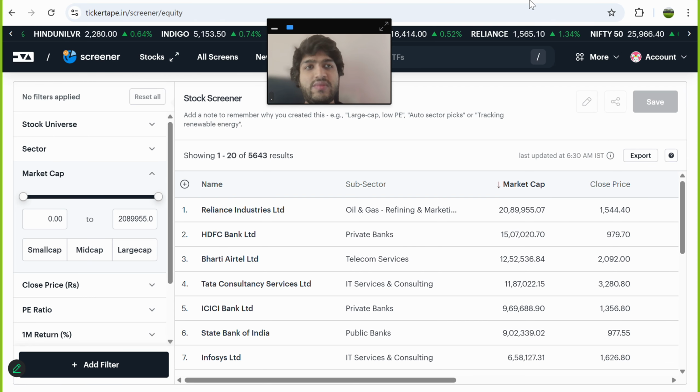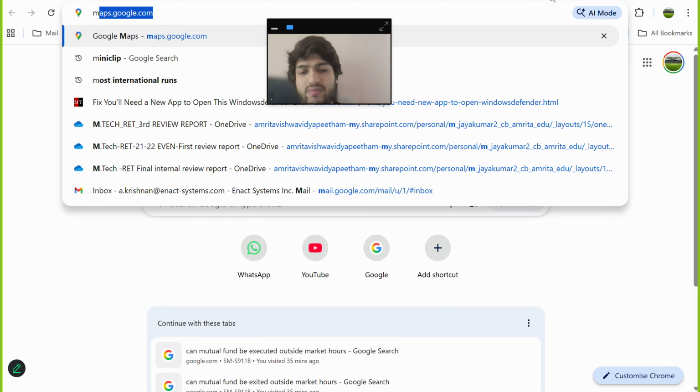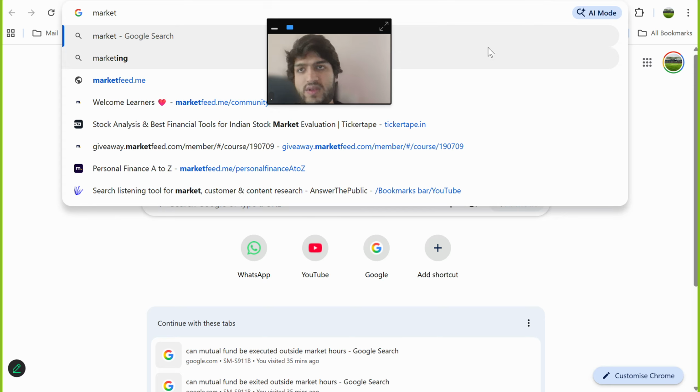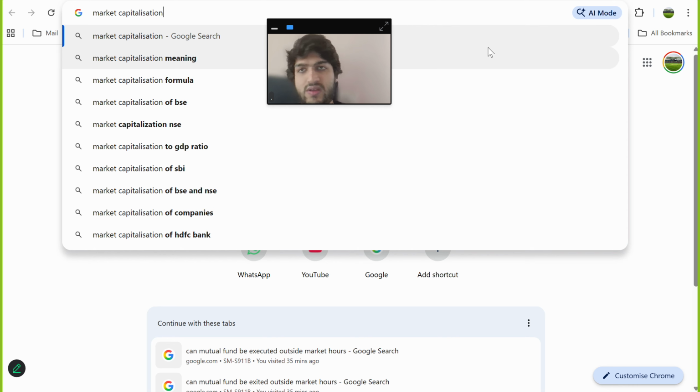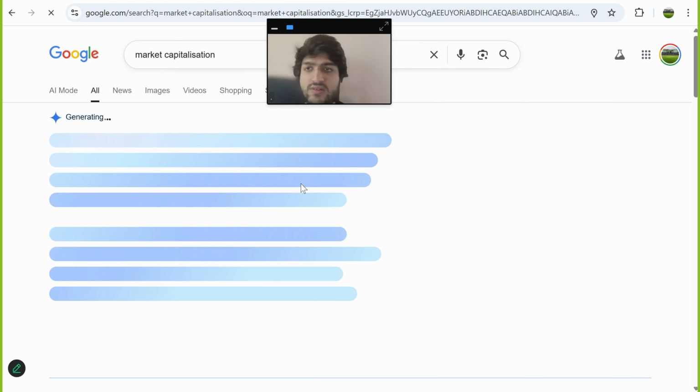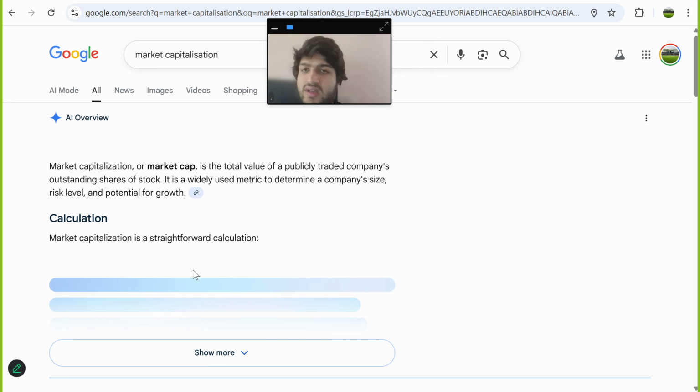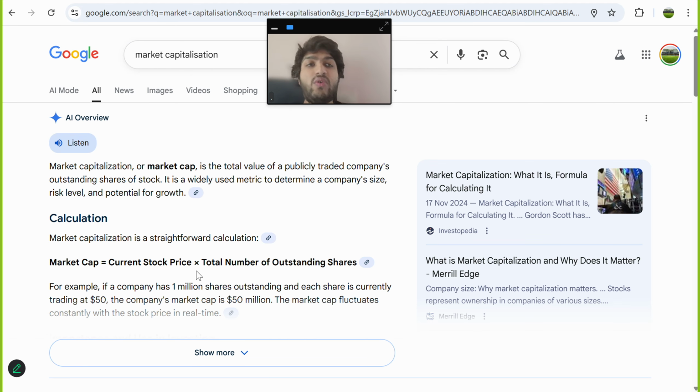That is basically the total value of a publicly traded company's outstanding shares of stocks. Now, why do we use that?